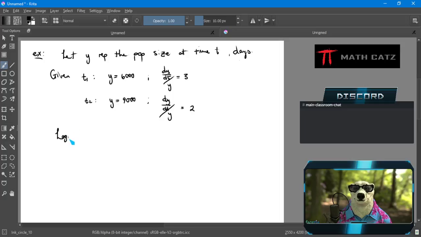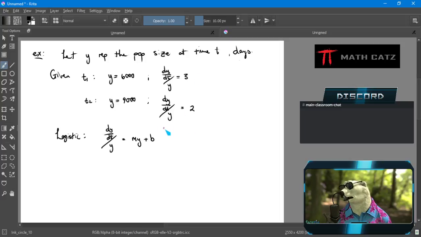Now, for the logistic model, our per capita growth rate is going to be linear. So we have to find the slope, m, and the b value. That's the same as if we had to find y equals mx plus b given 2 points.